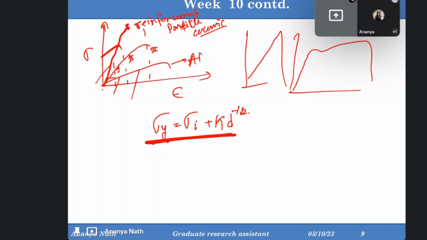Then there was another model, the Ashby model of misfit strength. It was stated that if the particle is spherical, then according to the direction of loading, the particle may get distorted or may get elongated along that particular direction.